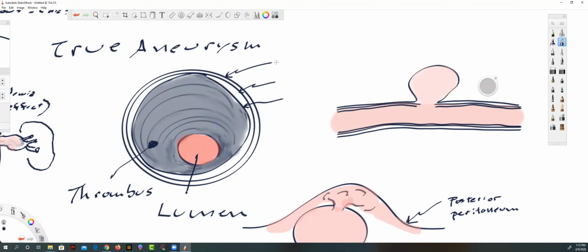So let's go over here, the tunica adventitia, media, interna. All three layers are involved in a true aneurysm.